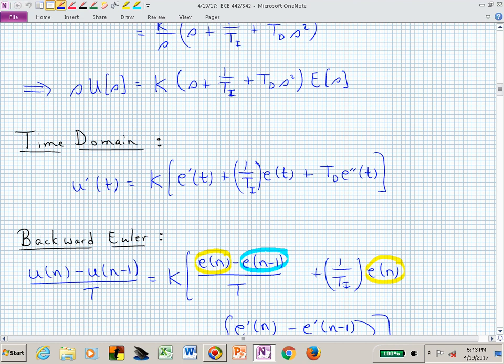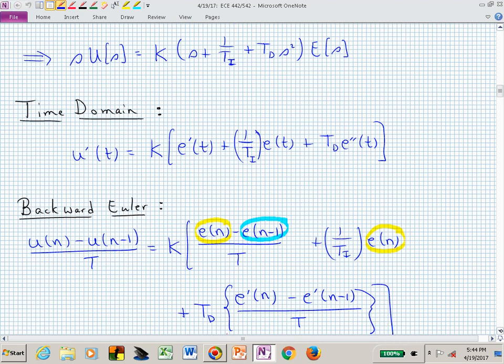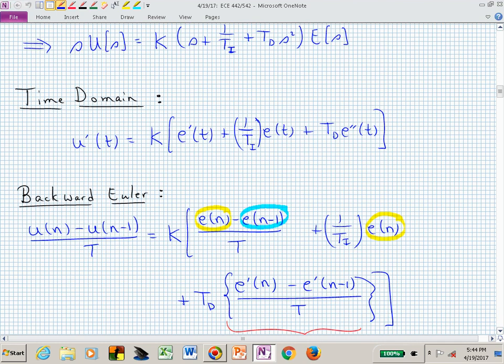A derivative, the u prime on the left, with the backward Euler says take the present value of the input, subtract the input one sample period before, and divide by T. That's an approximation of the derivative. And these highlights will make sense in a minute.